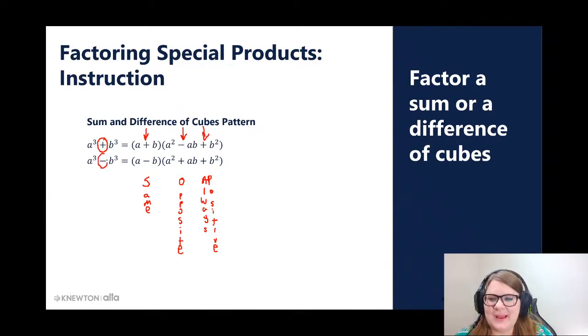And when I have a minus, same sign is minus, opposite sign is plus, and always positive is still always positive. So again, if you know a, b, a squared, ab, b squared, okay, just kind of make a chant out of that, then you can know your signs by using SOAP.